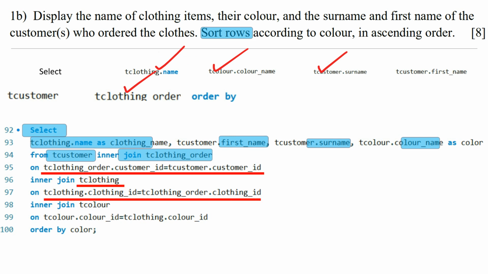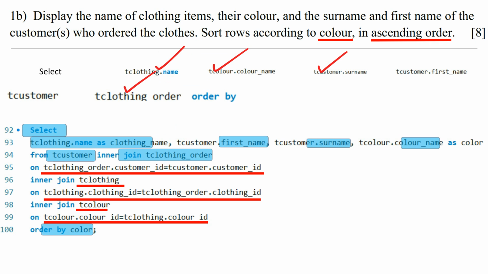On what condition? Clothing ID in T clothing is identical to clothing ID in T clothing order. So sorting according to order, we are taking the color from T color table, which we are joining on condition that color ID in T clothing is the same as the color ID in T color.